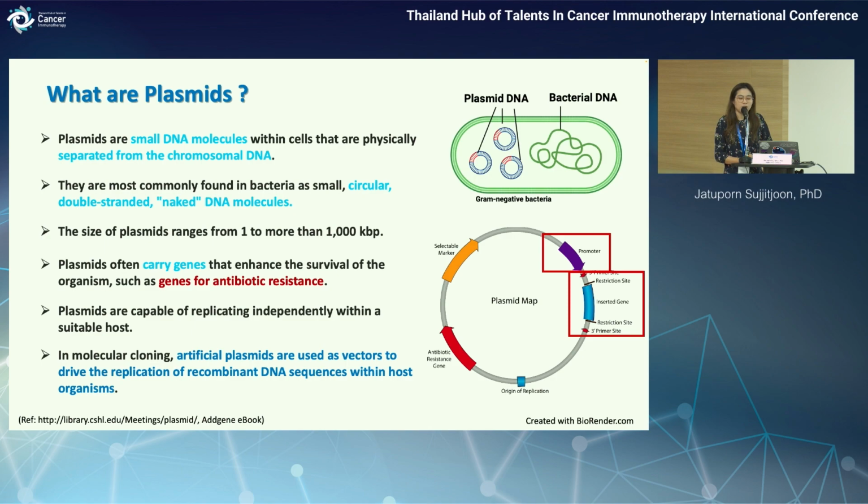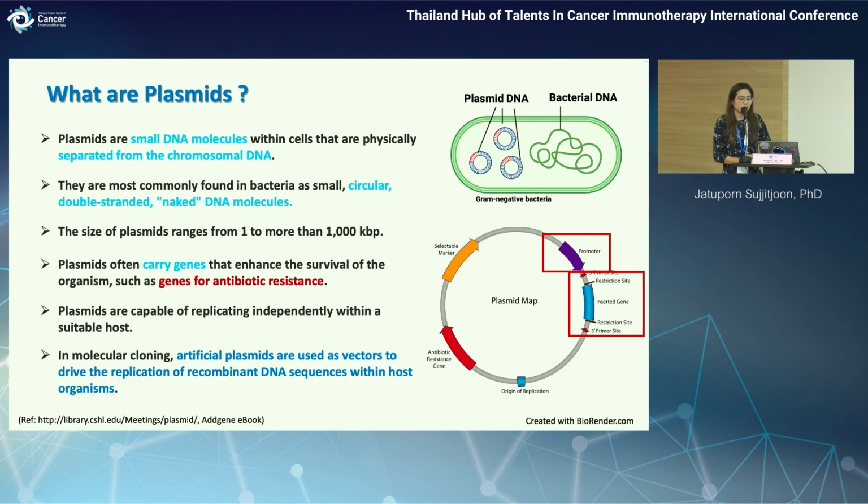Plasmids often carry genes that are essential for survival of the bacteria, such as genes for antibiotic resistance. And the plasmid itself can replicate within the host cells. In the field of molecular cloning, artificial plasmids are used as vectors to drive the replication of recombinant DNA within the host organism that we use nowadays.